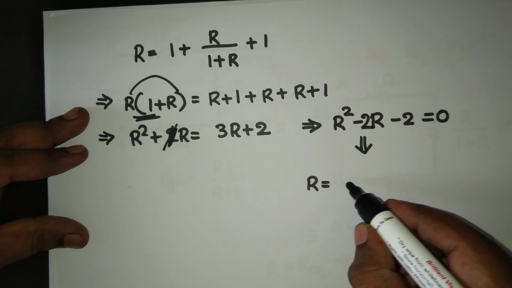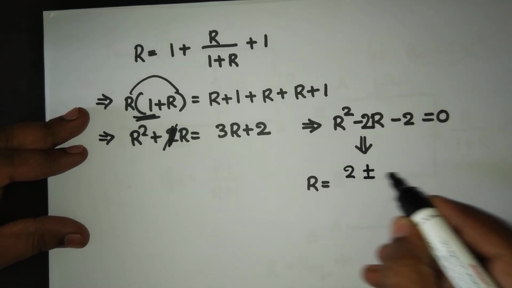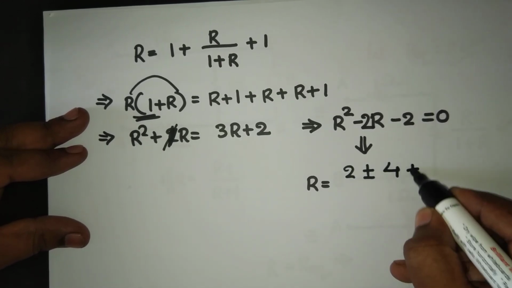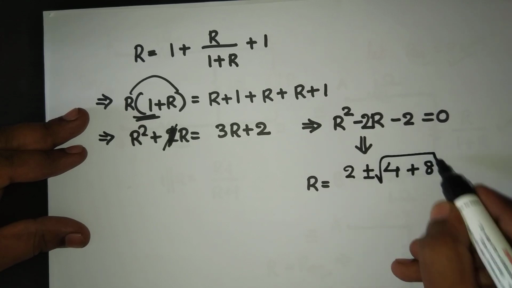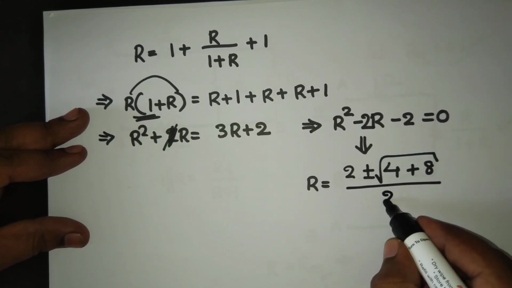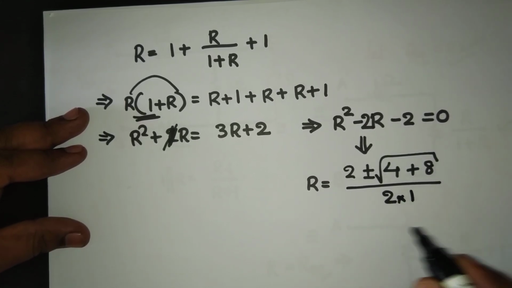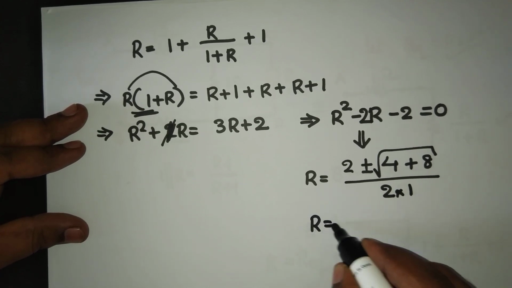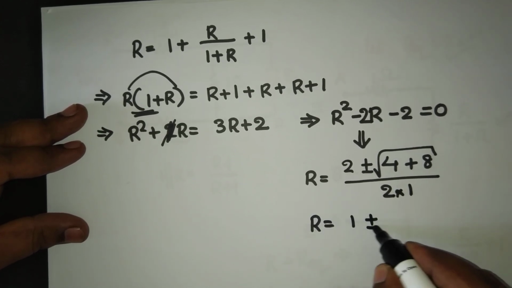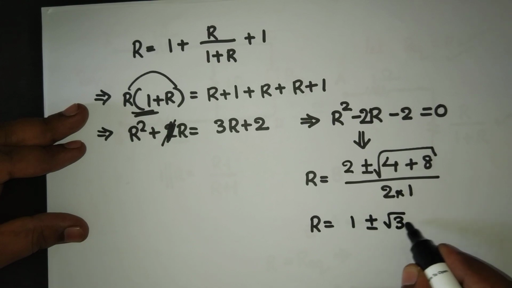So if you find the roots, you get 2 plus or minus the square root of 4 plus 8 by twice A, where A is 1. So R equals finally 1 plus or minus square root of 3.